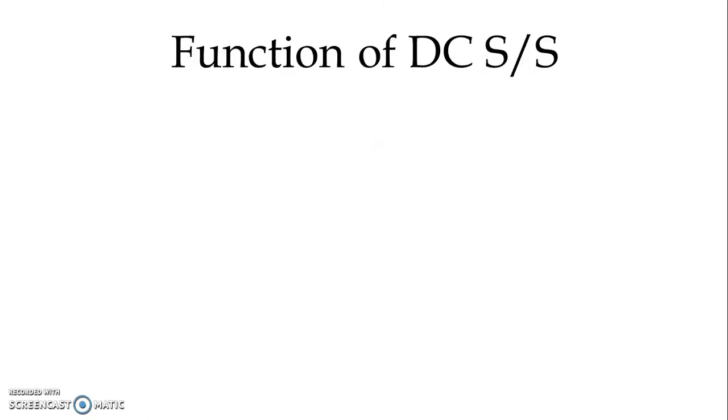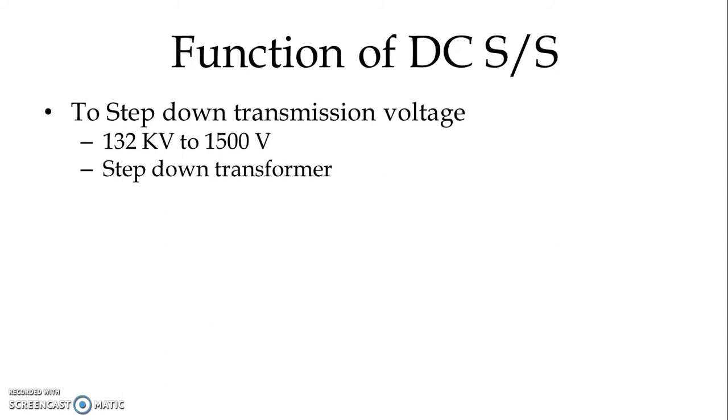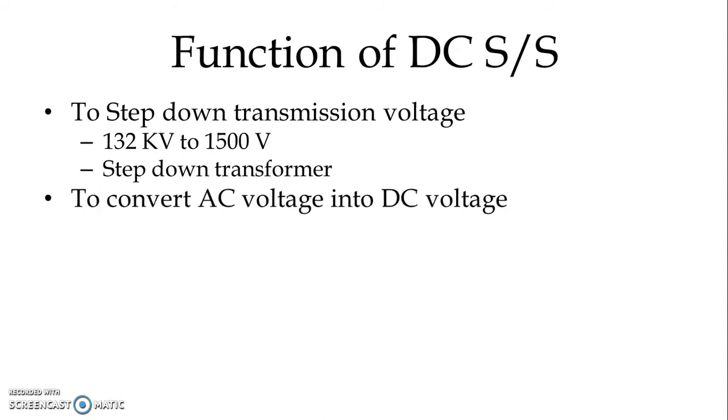Now let us see the functions of a DC substation. To step down the transmission voltage, that is from 132 kV to 1500 volt, we require different step down transformers. Second function, to convert AC voltage into DC voltage, because we require 1500 volt DC for the overhead catenary.